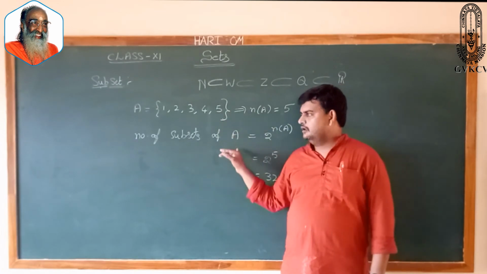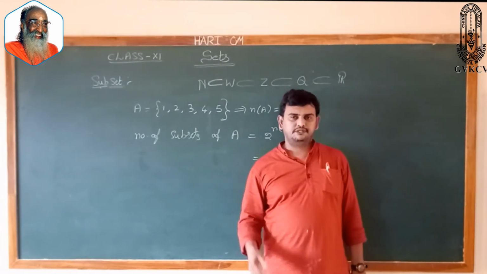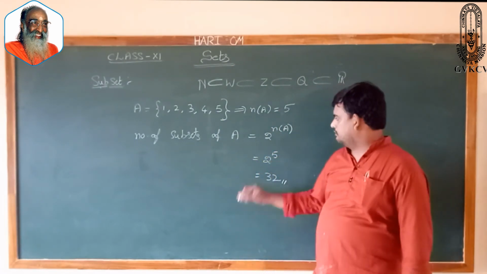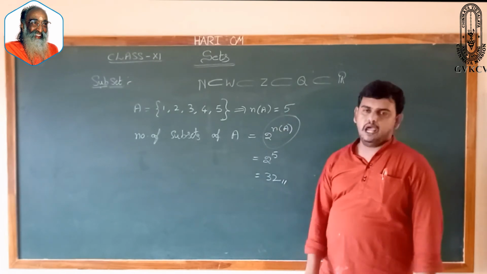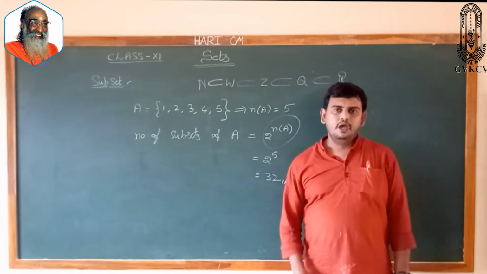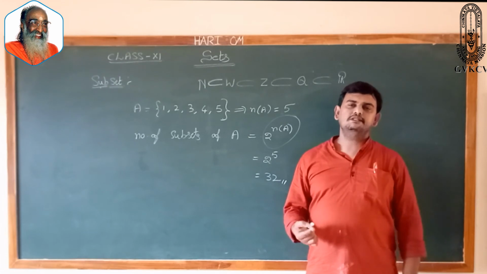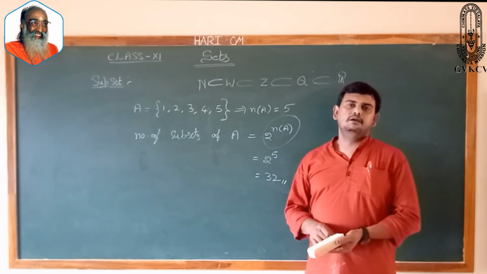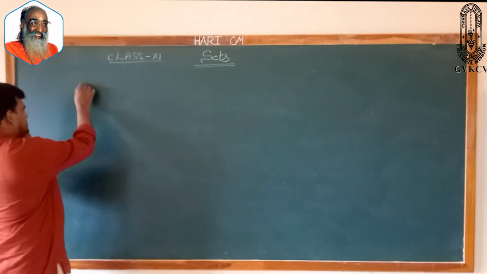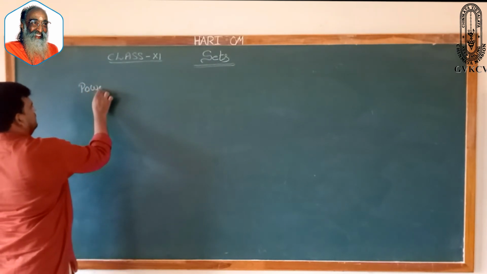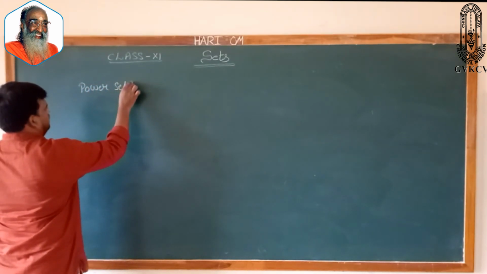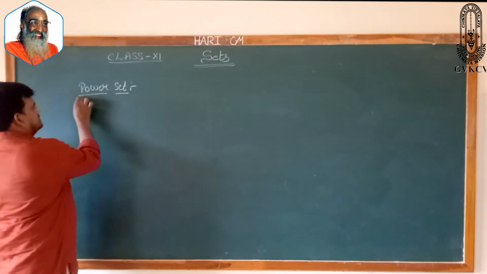So this is the way we need to find the number of subsets for a given set, and the formula is 2 power n of A. N of A means number of elements in the given set. The concept is power set. So what is the meaning of power set?